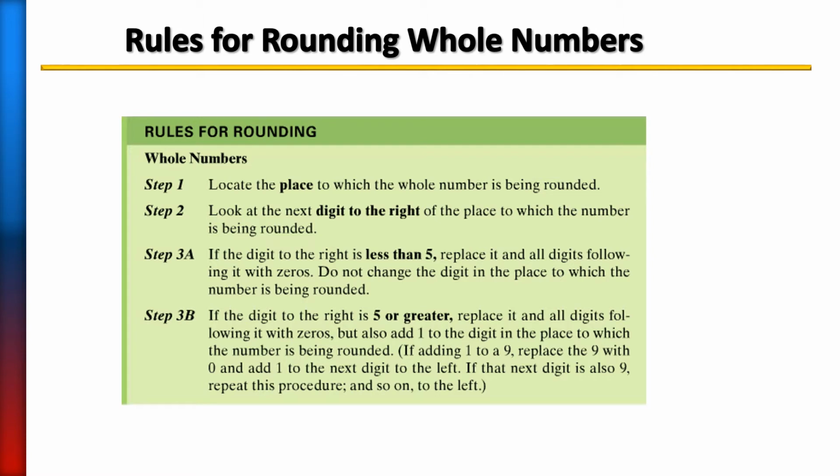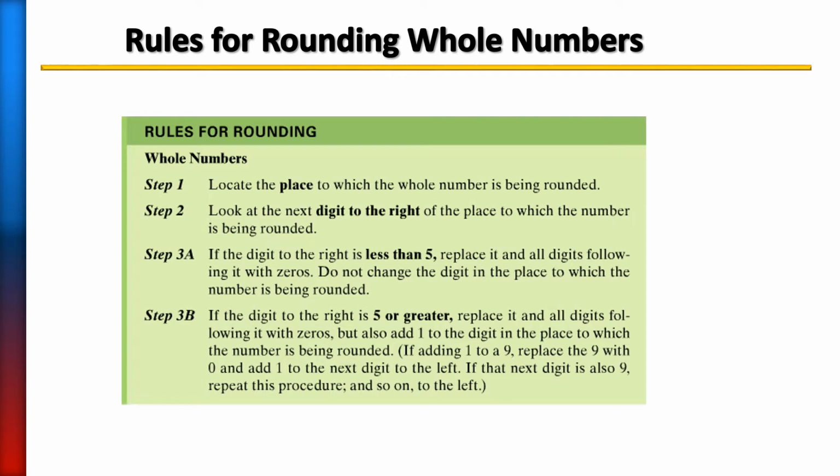Step 3A, if that digit to the right of it is less than 5, you're going to replace it and all the digits following it with zeros. Now, don't change the digit in the place to which the number is being rounded.